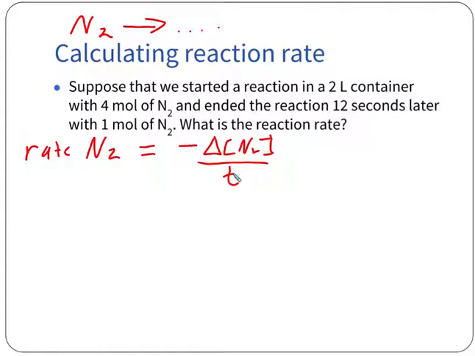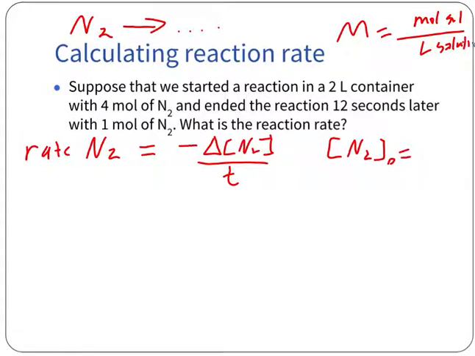Well, to figure that out, we need the original and final concentrations. So let's look at the original concentration of N2. This concentration is in molarity, and if you remember, molarity is always going to be moles of solute divided by liters of solution. Okay, so moles of solute over liters of solution.